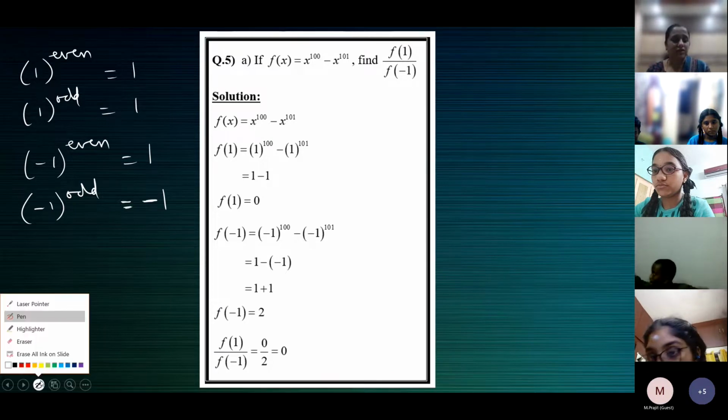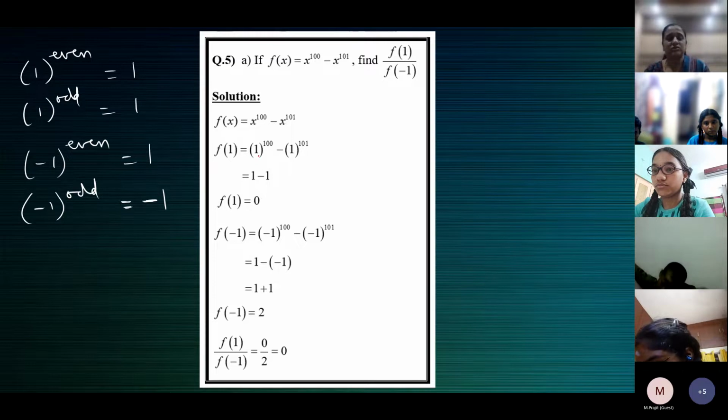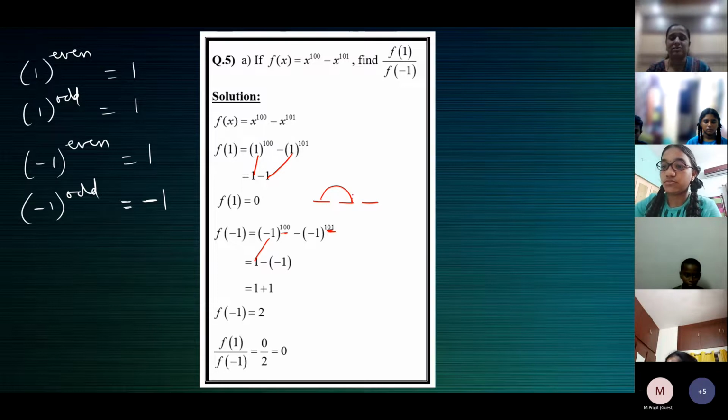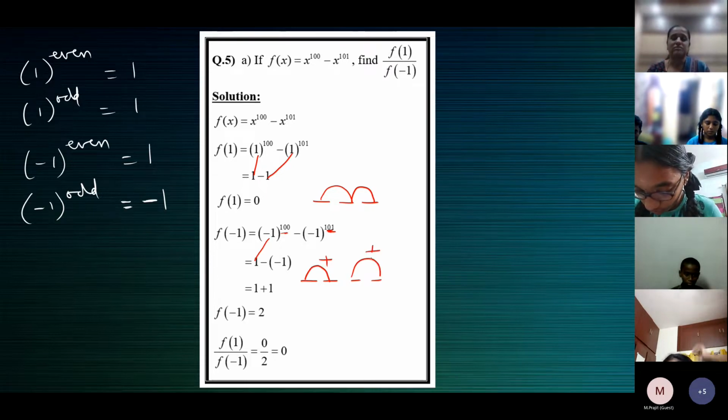So be very careful in writing the values. This is 1, this is 1. Here it's an even power, so it will be a plus 1. Here the power is odd. Minus 1 is multiplied with itself 101 times. So if you have an odd number of minus signs, like say 3 minus signs, minus into minus plus, plus into minus is minus. When you have an even number of minus signs, 1, 2, 3, 4, minus into minus plus, minus into minus plus.